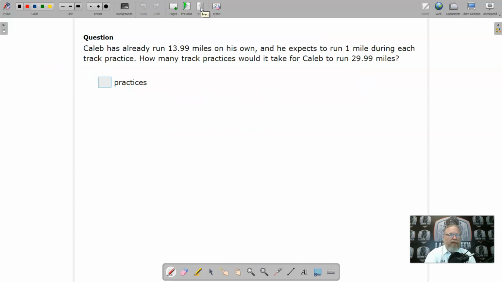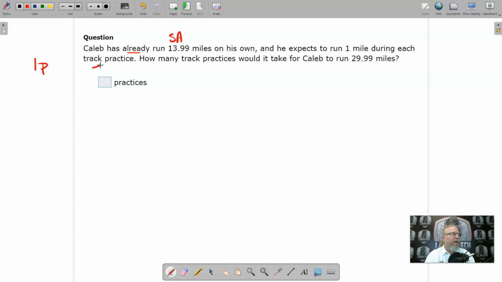All right, final question here is Caleb has already run 13.99 miles on his own. So this sounds like a starting amount. Whenever you see the word already, that's definitely a starting amount. And he expects to run 1 mile per each track practice. That sounds like a rate, something per something, right? So we're going to have 1 mile per each practice, and we'll use P for practices.